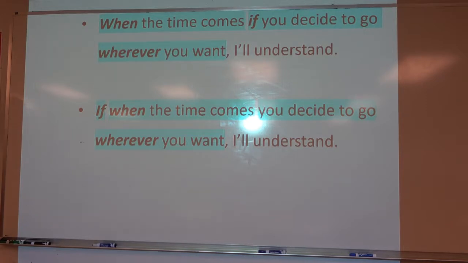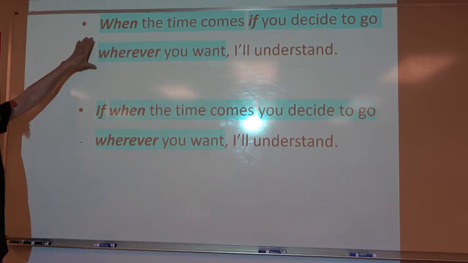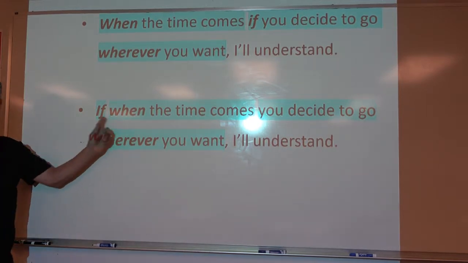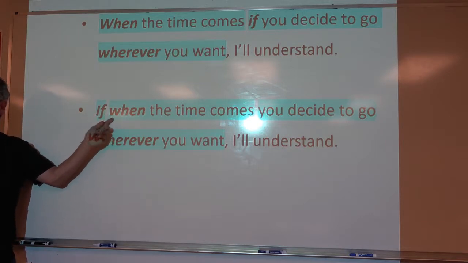What is different between this sentence and this sentence? Angel? There's 2 prepositions together. There are 2 prepositions or subordinating conjunctions. 2 subordinating conjunctions. You are right. They're together.